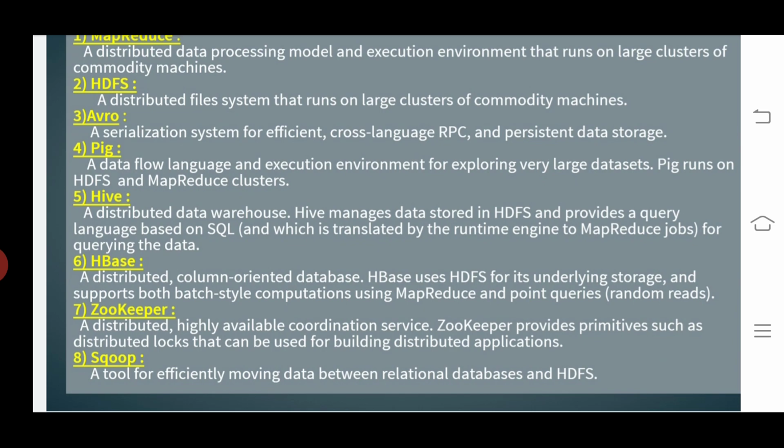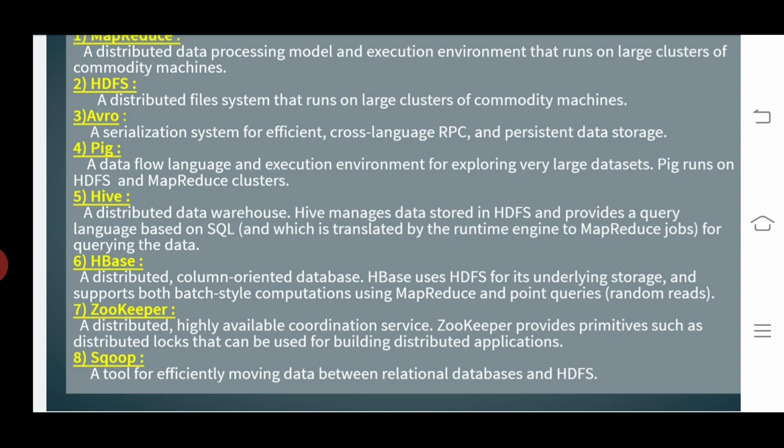What I mean to say is that Pig is a data flow language and execution environment for exploring very large amounts of data with clusters and data sets.